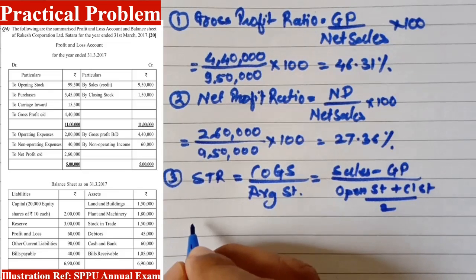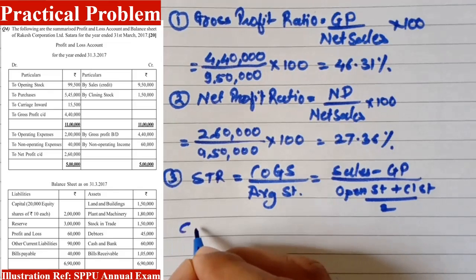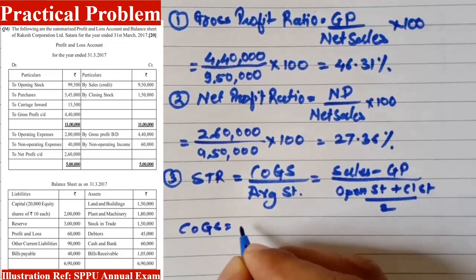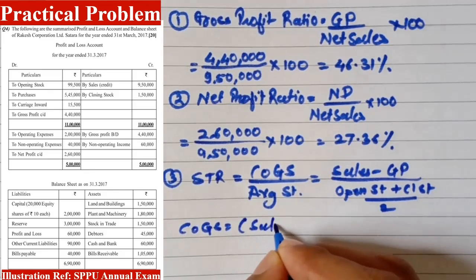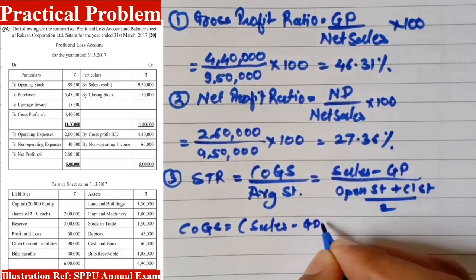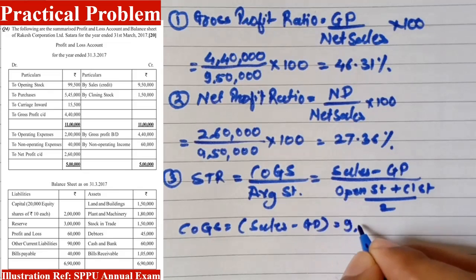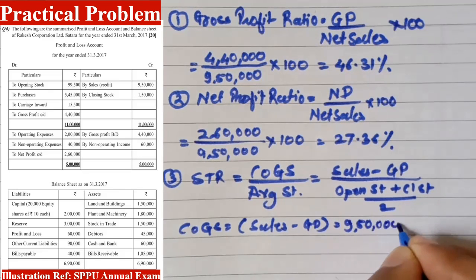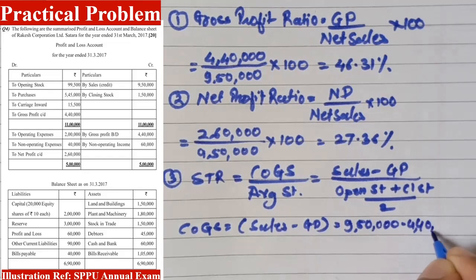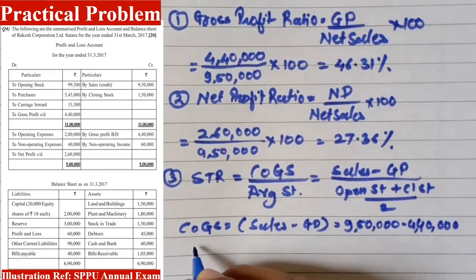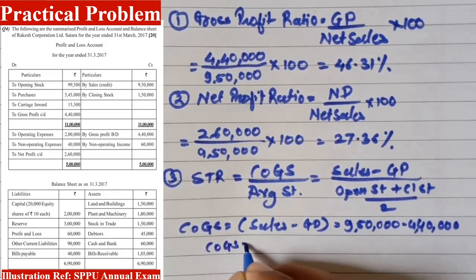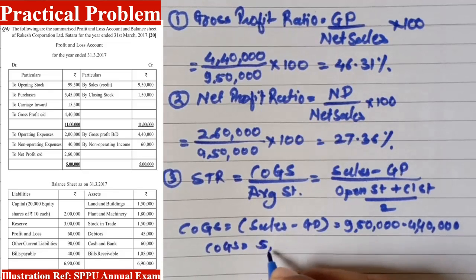Now let us calculate one by one. Cost of goods sold, that is sales minus gross profit. So that is sales 9,50,000 minus 4,40,000. So cost of goods sold becomes 5,10,000.